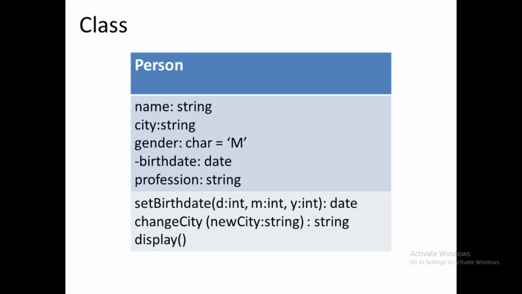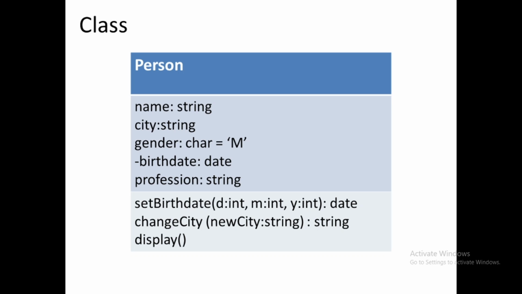So suppose there is a class person. Now in the middle part we have given 5 different attributes. Name colon string. Here name is the name of attribute, remember, whereas string is the data type. Same way city colon string.